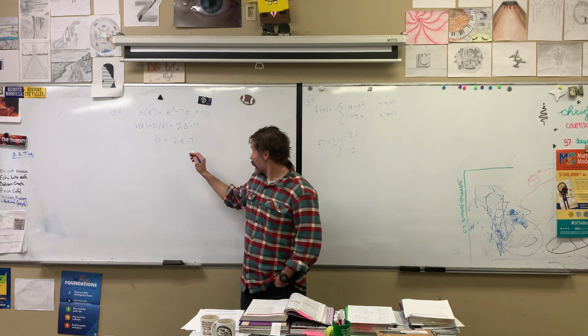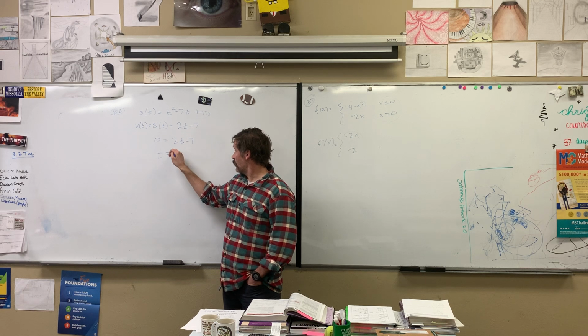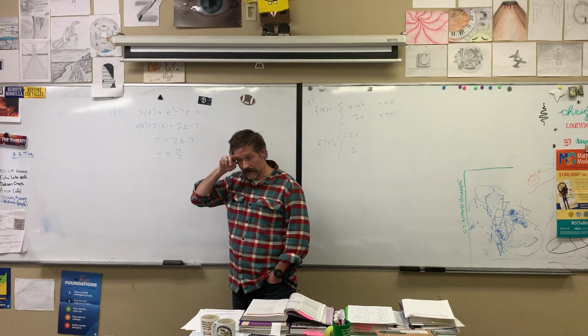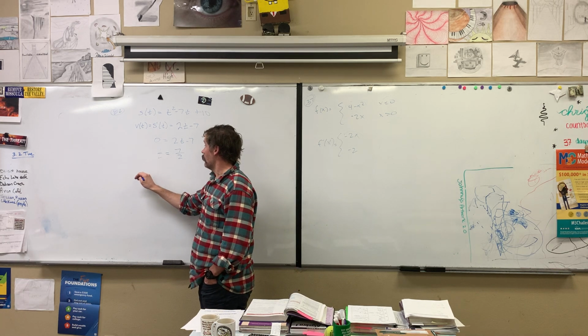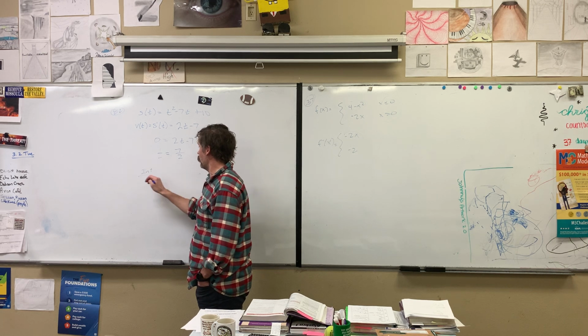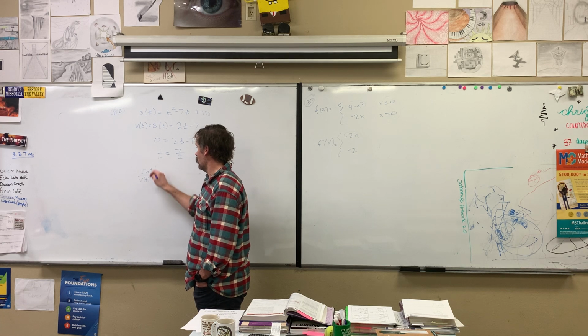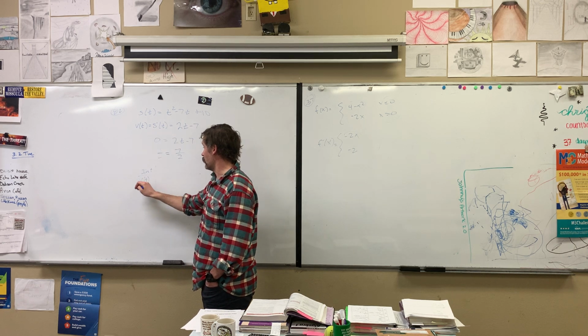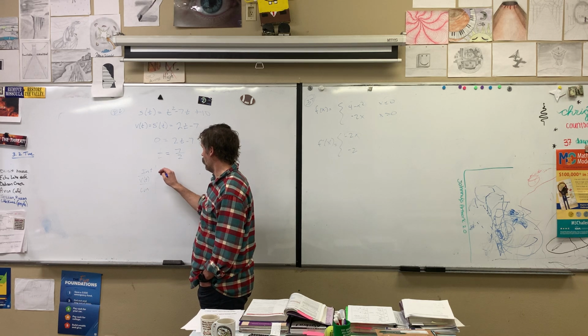So t then is equal to 7 halves, right? So at 7 halves, what you're looking for is your interval, and then your v of t, which is the same thing as s prime of t, and then your conclusion on that.